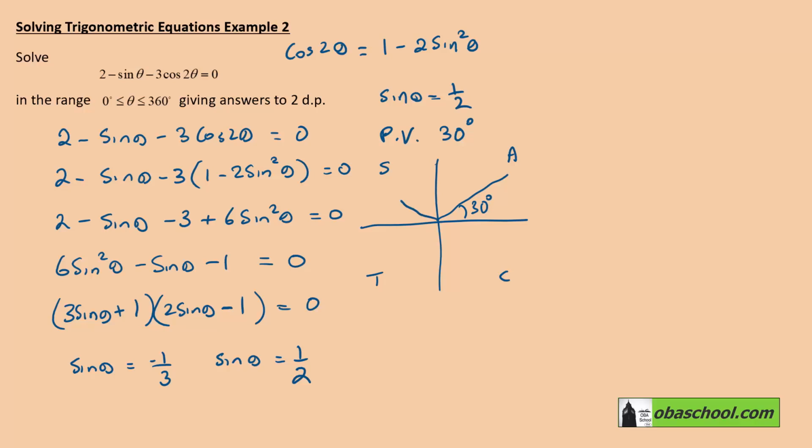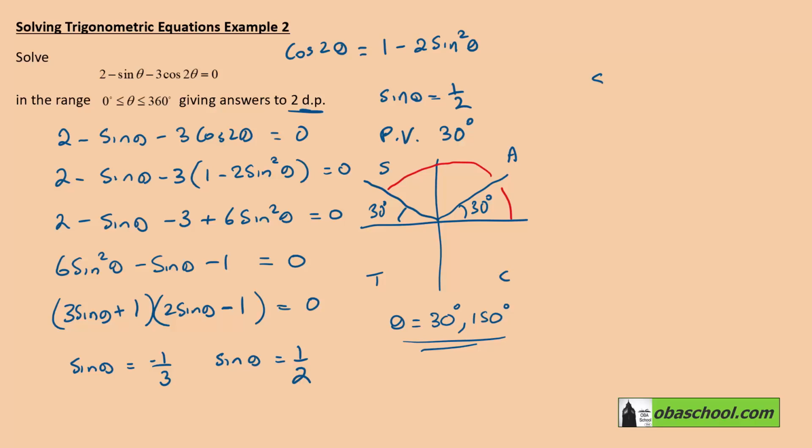Sine, which is positive, means the other one is here. And if we go around and collect those, it's 30 degrees and 150 degrees. We've looked at that a number of times, so I don't think I need to spend a long time looking at that this time. So we've got 30 degrees and 150 degrees. And although it says 2 decimal places here, I think for those exact values we'd leave them like that.